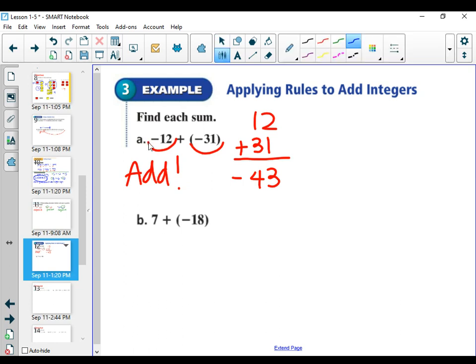On this second one, I have 7 positives and 18 negatives. I have to subtract, but I'm also noticing the negatives are bigger. So before I even have a number answer, I know it's going to be a negative answer.